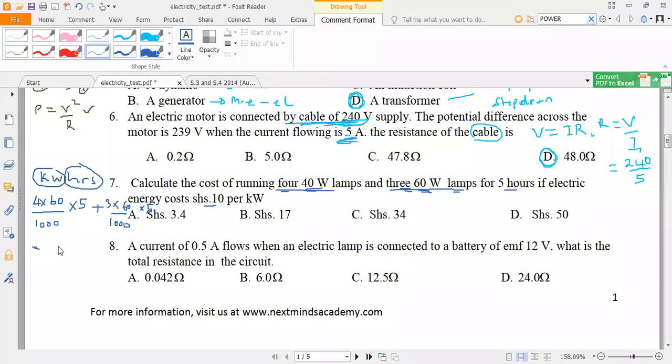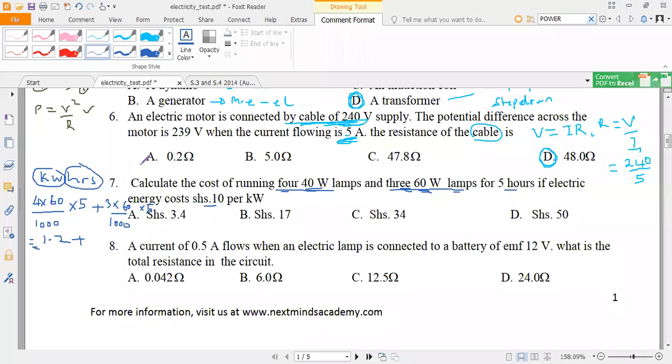So let's calculate it on our calculator and see what we get. If we have 4 times 60 times 5 divided by 1,000, that gives us 1.2. Oh, we missed, this was supposed to be a 40.